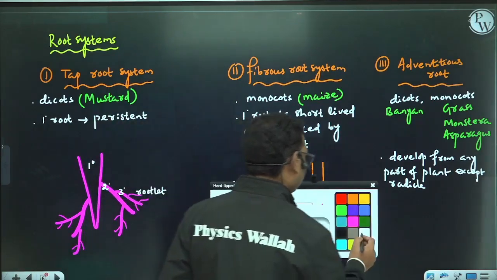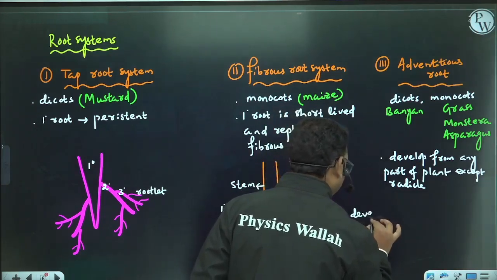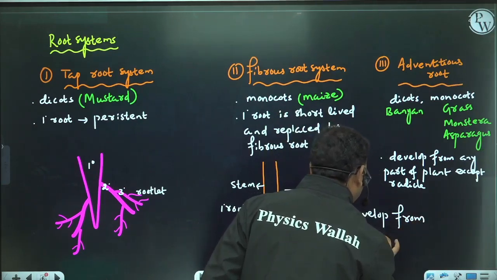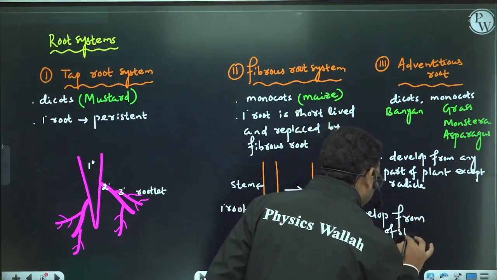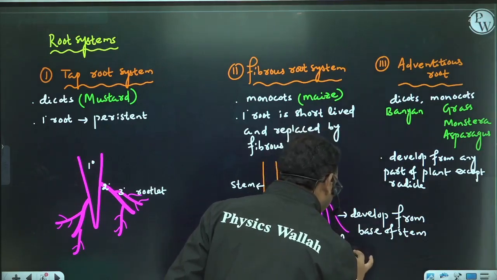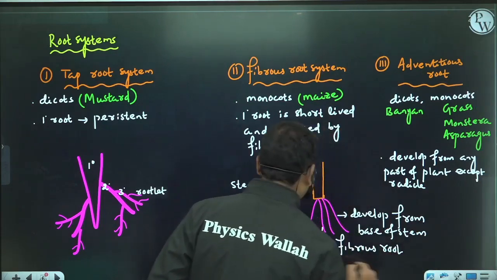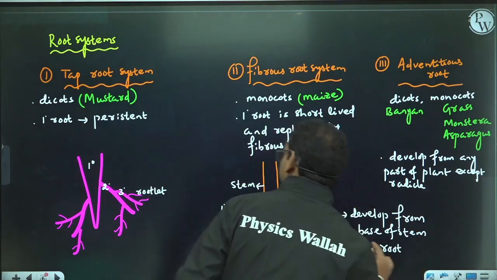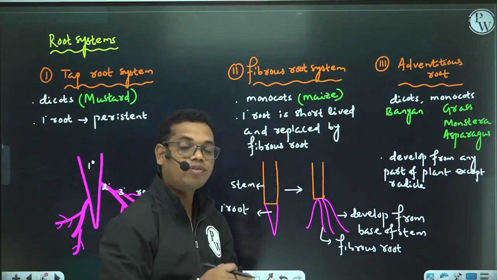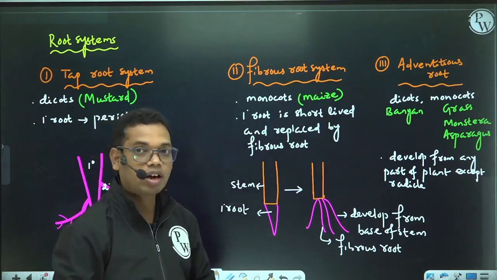So I can write here that the fibrous roots develop from the base of the stem. These are basically fibrous roots. And remember one thing: between taproot and fibrous root system, which one is more efficient for absorption and anchorage? Your answer will be fibrous root.